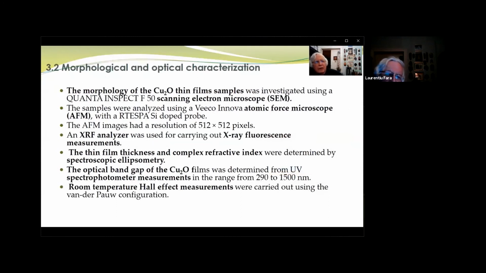Regarding the morphological and optical characterization of the top subcell, we have to consider that the morphology of copper oxides in film samples was investigated by scanning electron microscope and also by atomic force microscope.